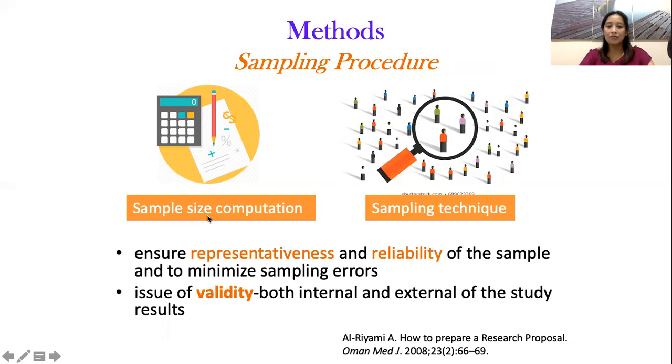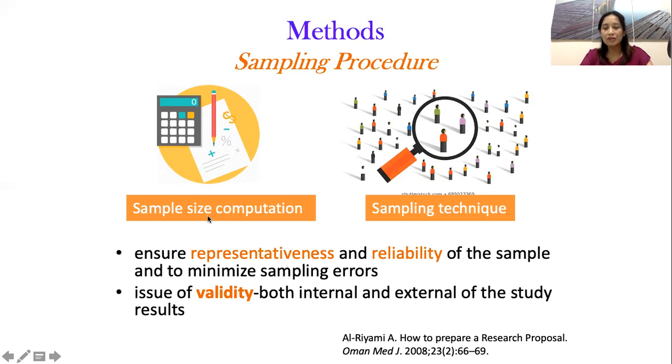So how important is this? For example, if you did not compute the sample size and you just take all, let's say you want to include patients with diabetes admitted in the hospital from 2018 to 2020. What if you only got 100? And then at the end of the study, your conclusion is there's no significant effect.